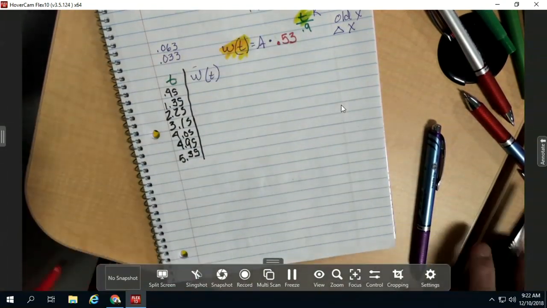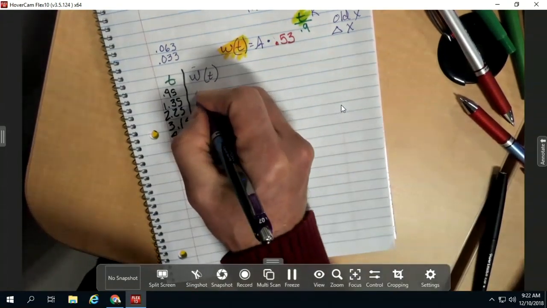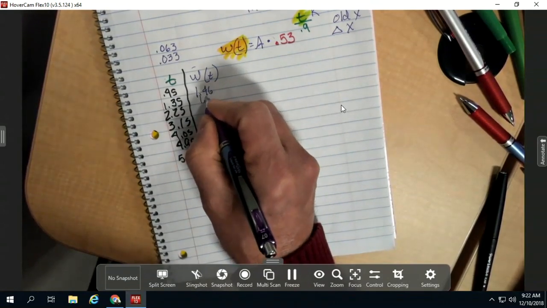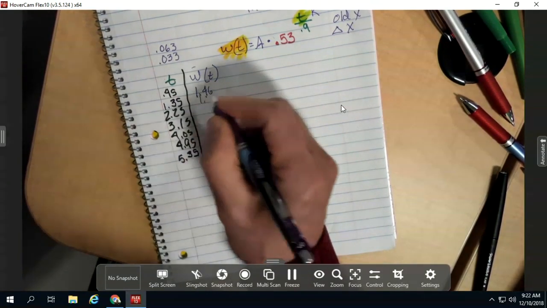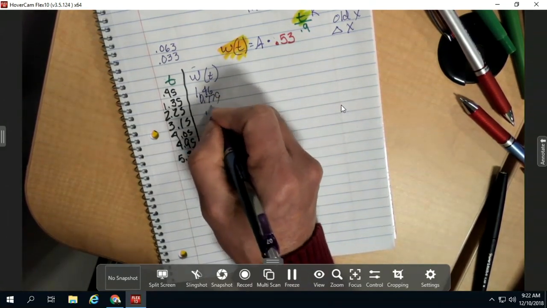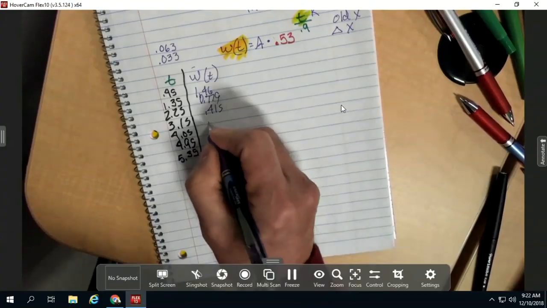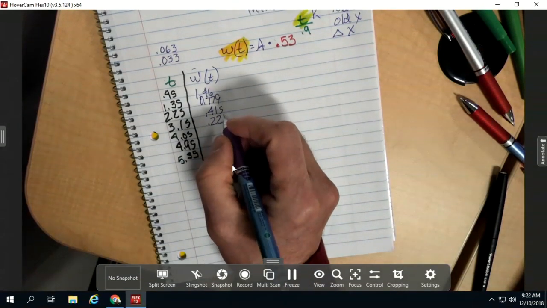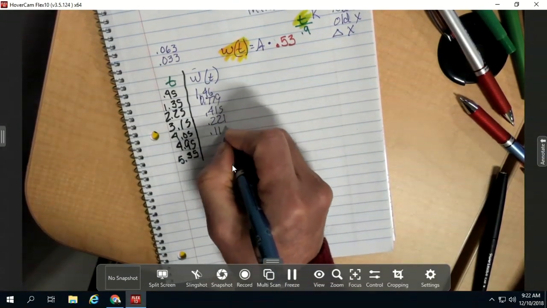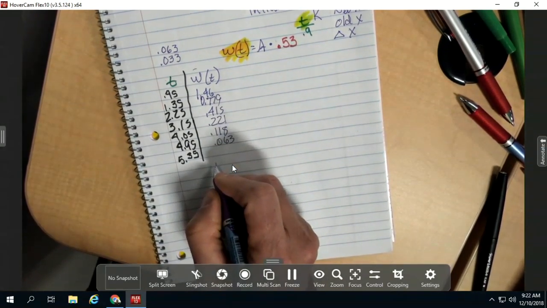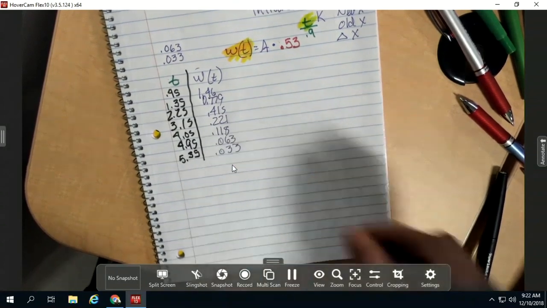Sorry about that. And then our W's of t, we could use 1.46 or 0.779, 0.415, 0.221, 0.118, 0.063, or 0.033.